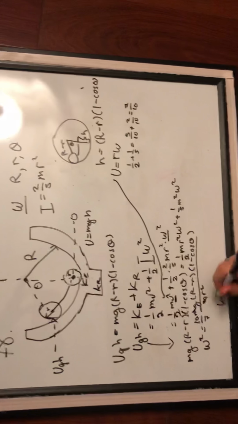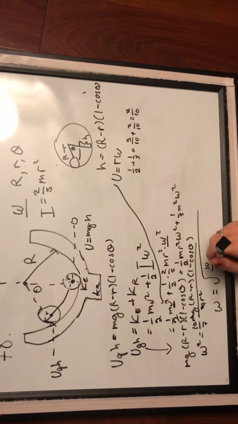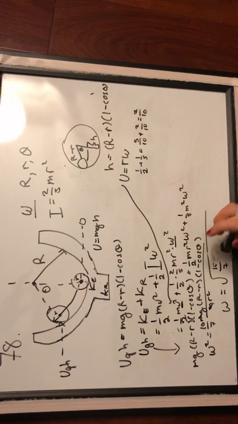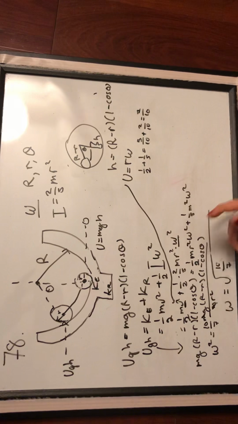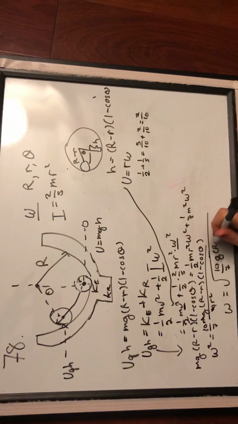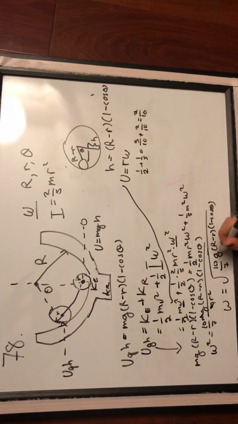So then we have omega is equal to the square root of 10/7. Oh, I forgot the g. We're just gonna pretend I didn't forget it. 10 times g times (R minus r) times (1 minus cosine theta) all over r squared.